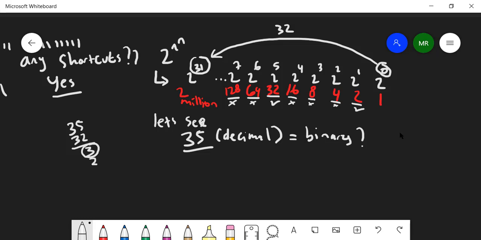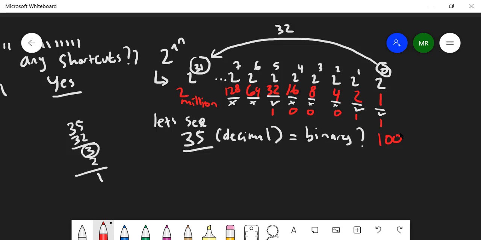So 2 it is. 3 minus 2 equals 1, and 1 matches 1 in the power table, so the remainder is 0. Now, let's put number 1 below the matched numbers, such as 32, 2 and 1. The rest are zeros. Now we have 100011 as the binary number for 35 in decimal.